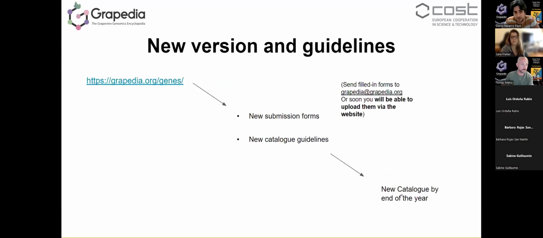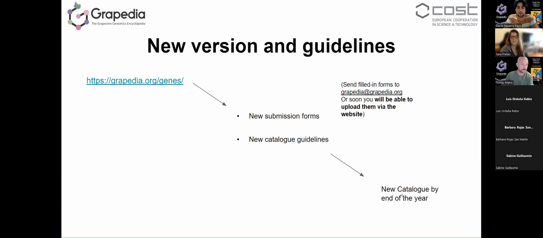So this is the general process where you can go and access the Grapedia website, and there you will find, as you saw before, the submission forms, example forms that are already filled in, and the catalog guidelines, which are supposed to help you. They should be a standalone guide, so you can share it with other people that haven't attended the session, and they may also submit genes to the website.